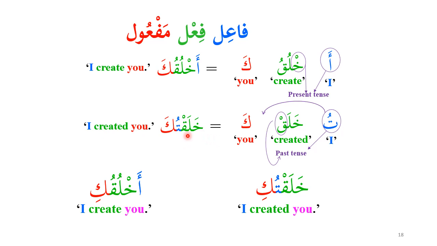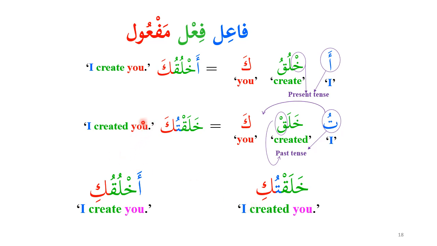But in the past tense, this ta in I means two, so khalaqtuka means I created you. So I in the past tense is shown by the ta with the damma, and it is brought after the verb. This is the difference you have to remember. So akhlukuka would always mean it's in the present tense. Whenever you see the subject before the verb, it means the present tense.